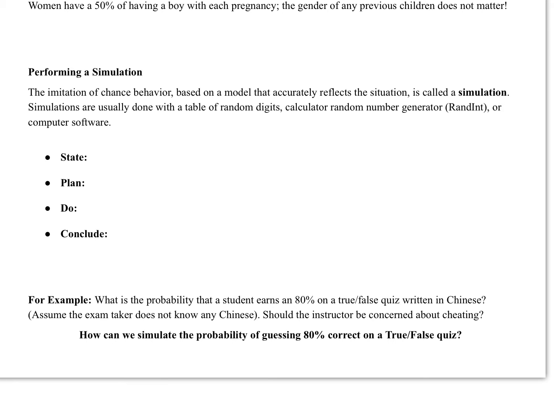The first one is called state. And what you do is you identify the probability calculation. Okay, you then plan.